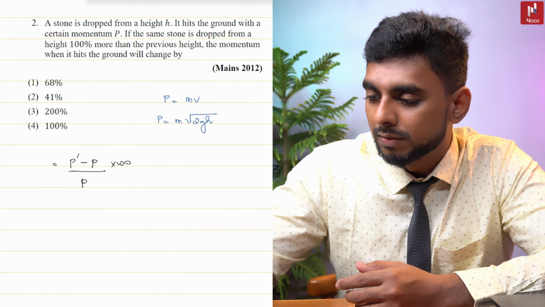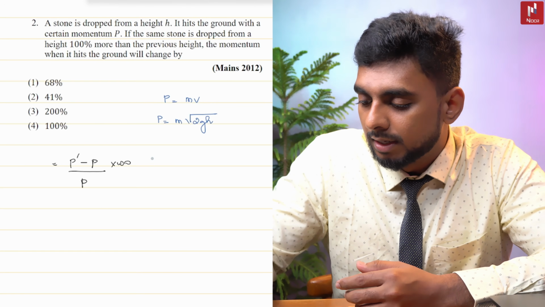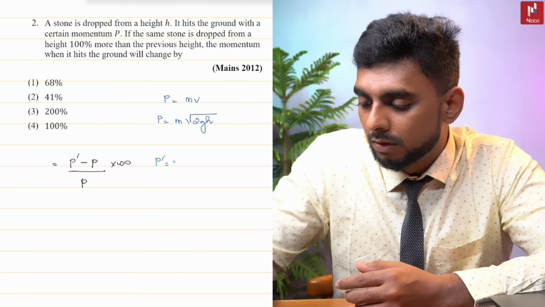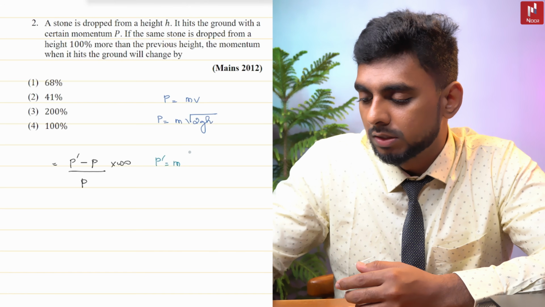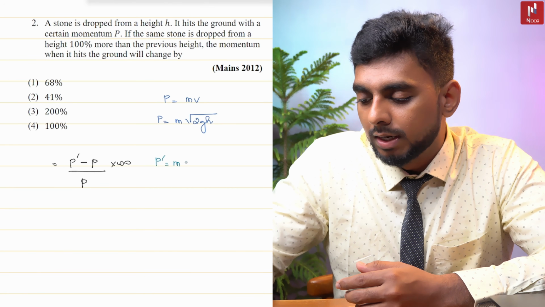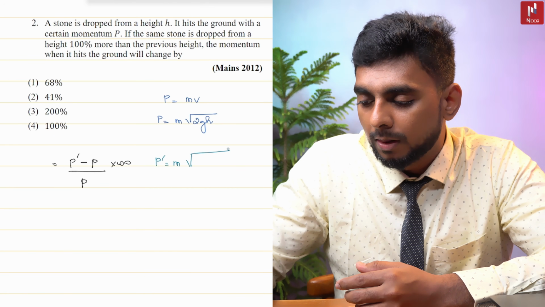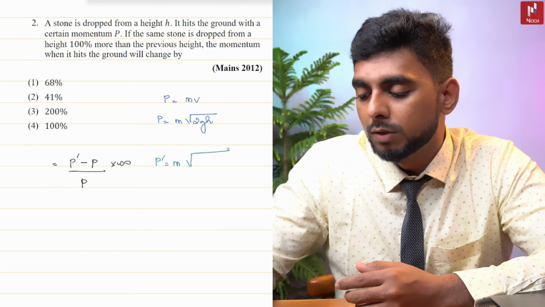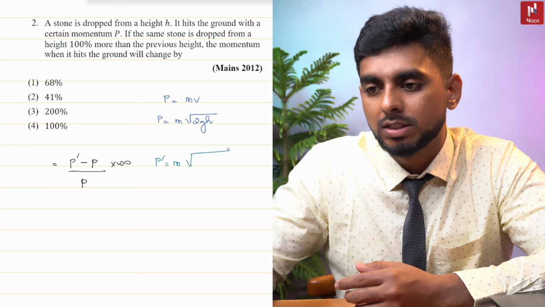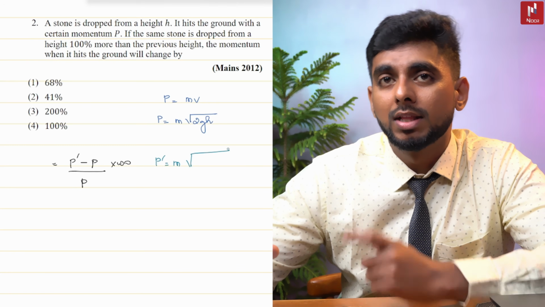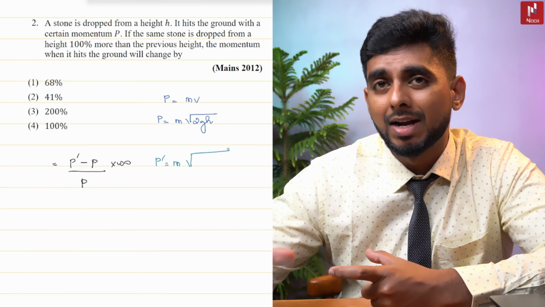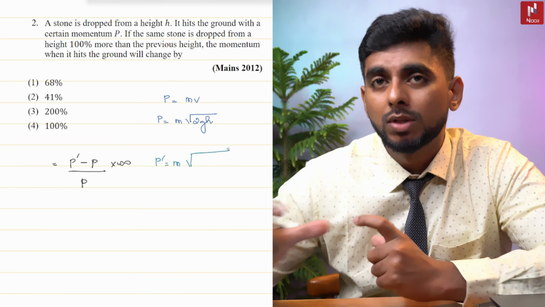Therefore, for the second situation, you will have p dash, which will be equal to m times the final velocity v. So instead of h, what I need to put here is actually 2h, because it is double the times of h compared to the initial situation, 100% more than the previous condition, which means I'll have to add an extra 1h to the initial condition.